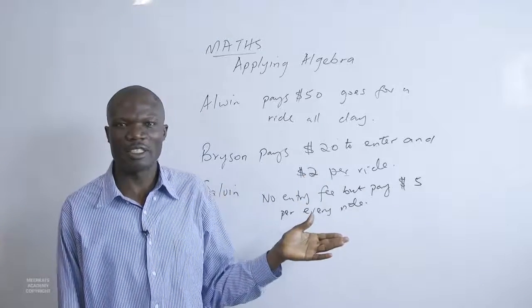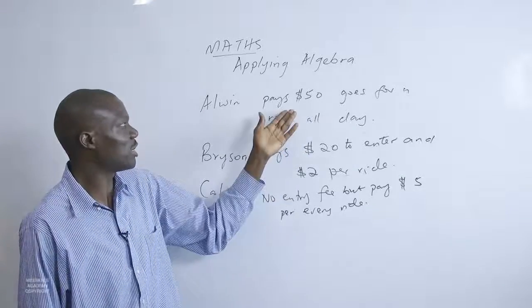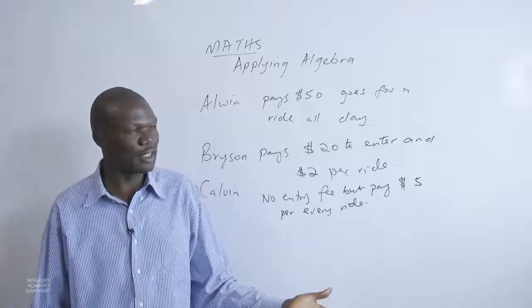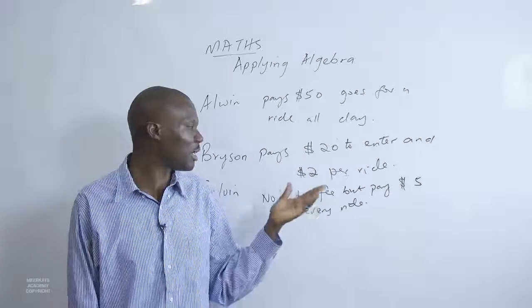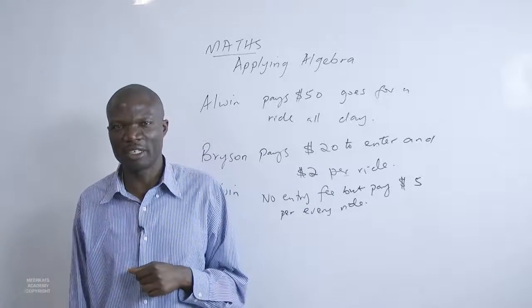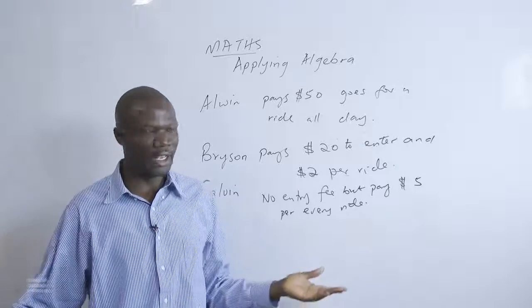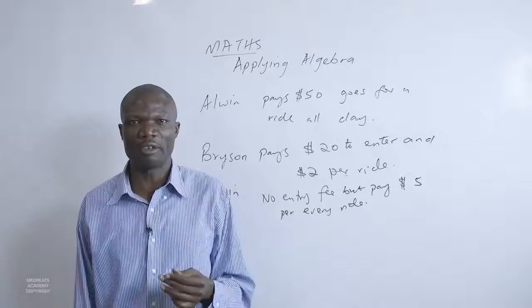All these boys will go home happily because this one says, I only paid $50 and I had a ride the whole day. This one paid $20 and $2 per ride, and I think he also enjoyed. This one just entered freely, and every ride he was making, he was paying $5.